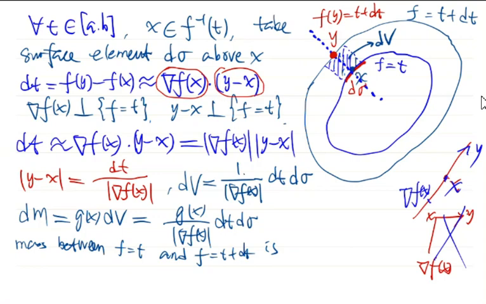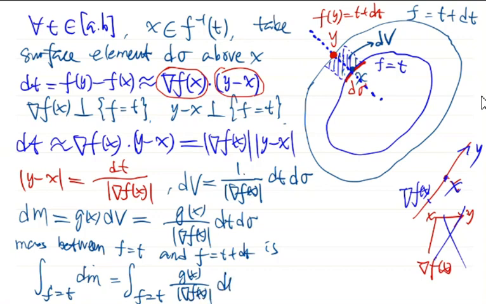It is the surface integral over f equal to t of dm, that is, the integral over f equal to t of g(x) over the gradient of f, dt d sigma. So this surface integral along the surface f equal to t is the mass of the region between these two surfaces. Now this is for a given t and a small increment dt.